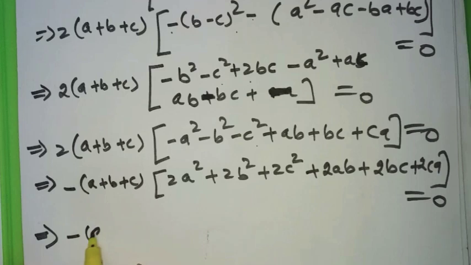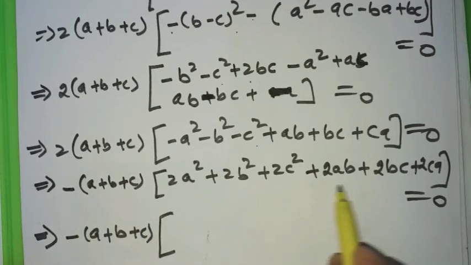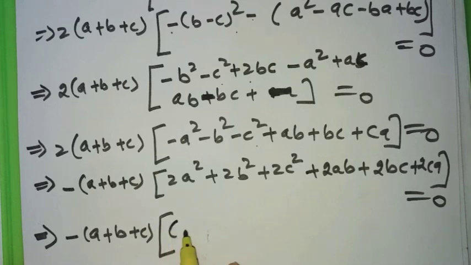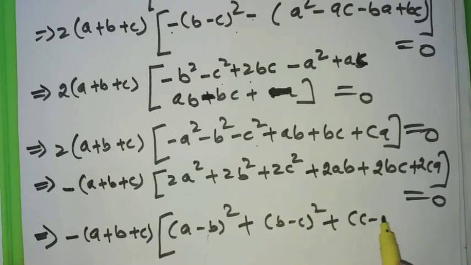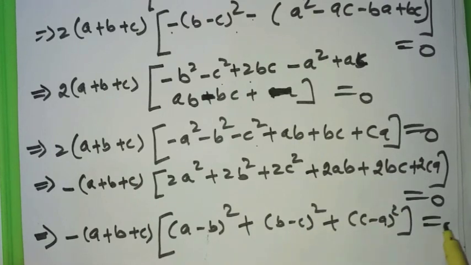Now I can see that all these terms together form (a minus b) whole square, (b minus c) whole square, (c minus a) whole square.